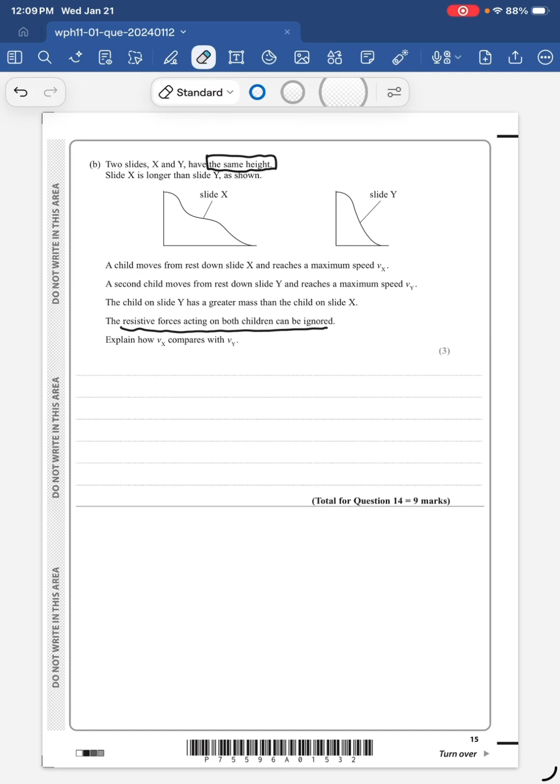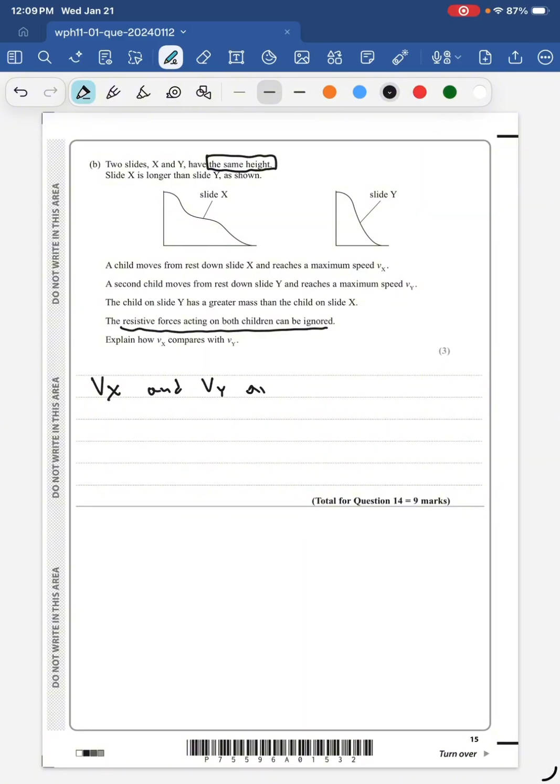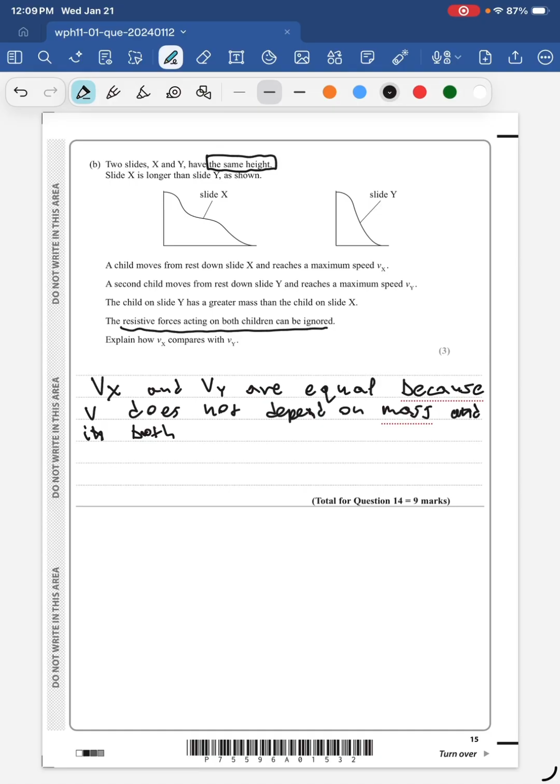So Vx and Vy are equal, because v does not depend on mass, and in both cases delta E kinetic is equal to delta E gravity, okay?